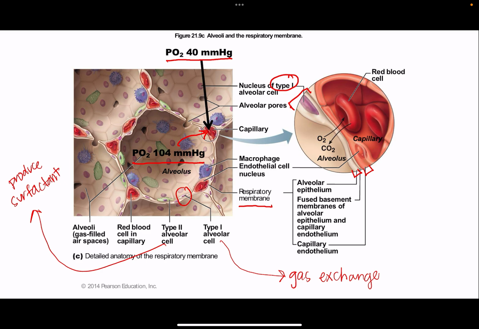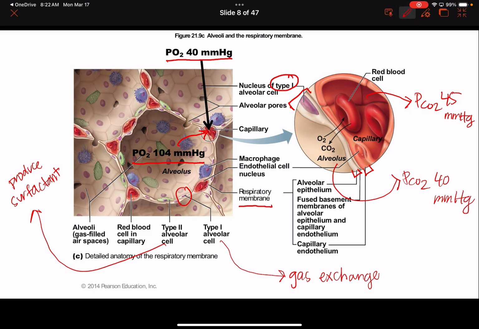CO2 in the blood, PCO2 should be 45. Inside the alveolus, PCO2 is 40. And so CO2 is going to want to follow the lower pressure, and it's going to move into the lungs so that we can breathe it out into the atmosphere.